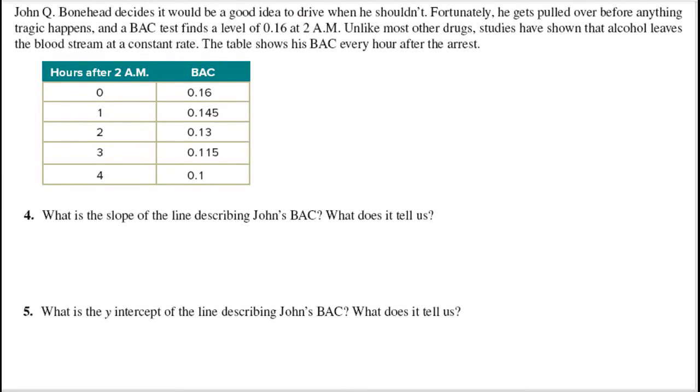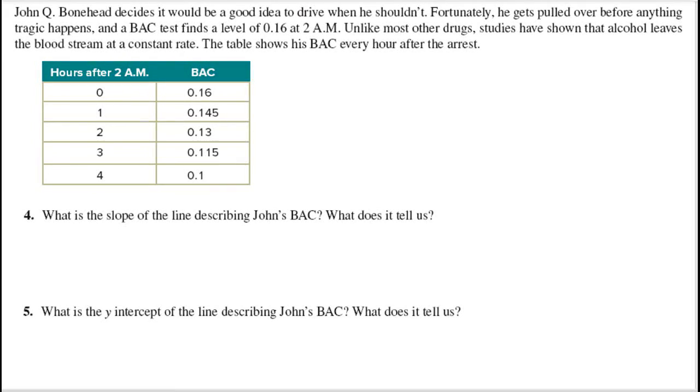The table shows his blood alcohol content every hour after the arrest. Okay. So we're seeing a constant rate. We've got our table. What is the slope of the line describing John's blood alcohol content?